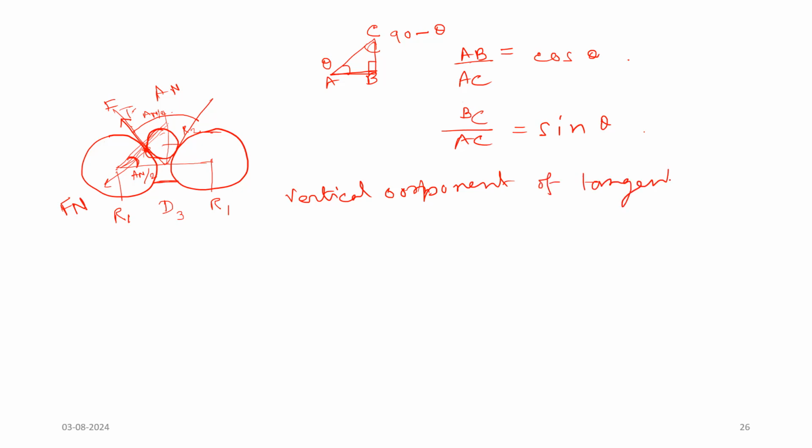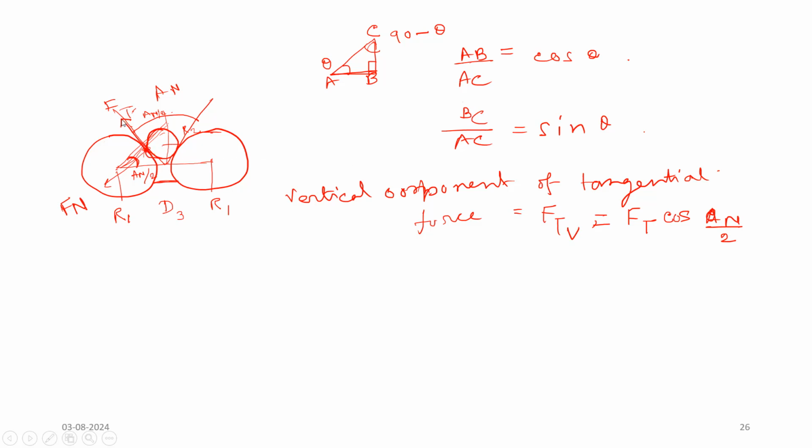We'll write that vertical component of the tangential force is, suppose its name is FTV, and it is equal to FT cos n by 2. Here it is not theta, here it is n by 2. So how am I calculating?